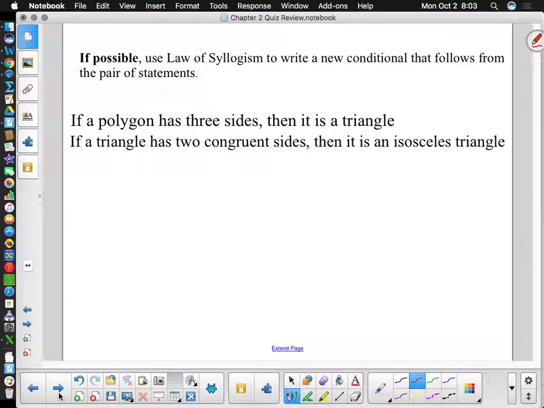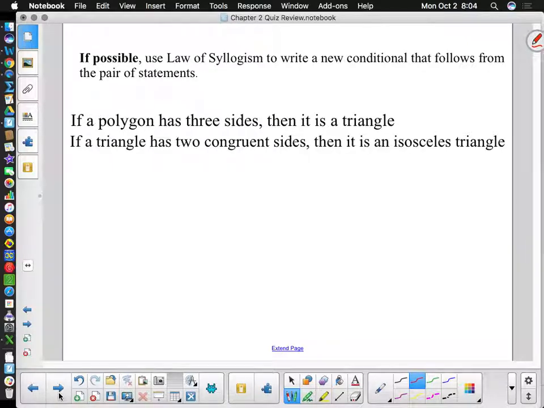If possible, use law of syllogism to write a new conditional that follows the pair of statements. If a polygon has three sides, then it is a triangle. If a triangle has two congruent sides, it is an isosceles triangle. Law of syllogism is my chain of events. That's when we watch the commercials, right? Does this fit the qualifications for a chain of events? No, it does not.